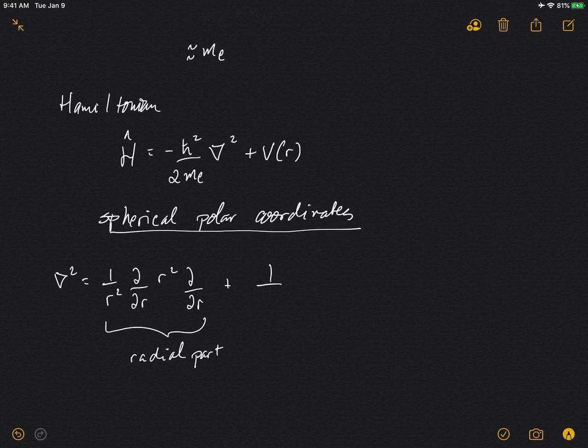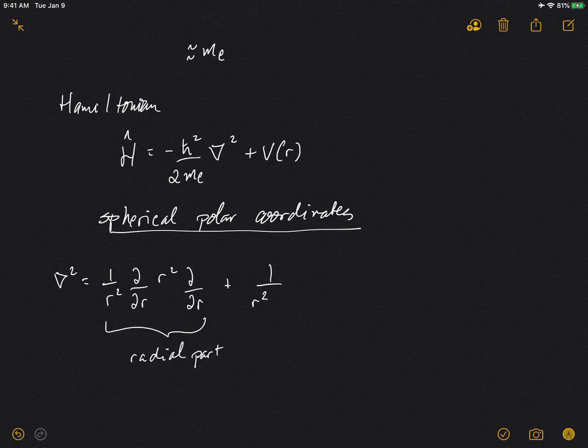And then we have our angular part. It still has r in it, but it has the derivatives with respect to the angles. So it doesn't have any derivatives with respect to the radial distance. And I say radial part, radial meaning r, that's the radius.